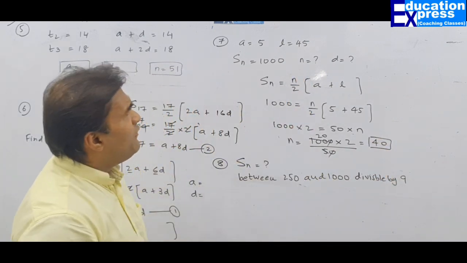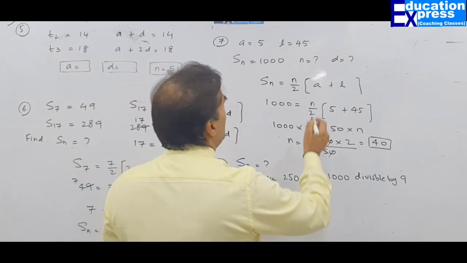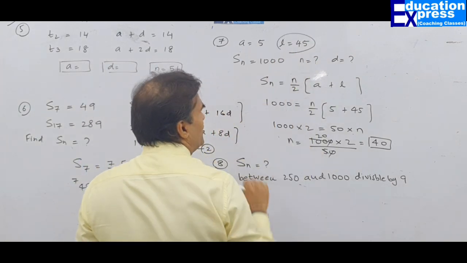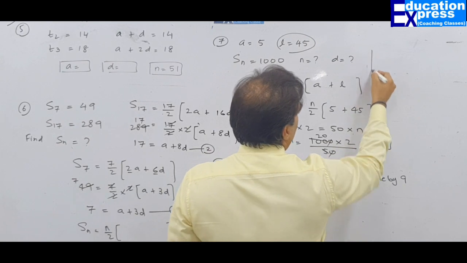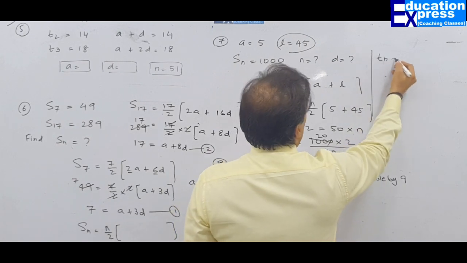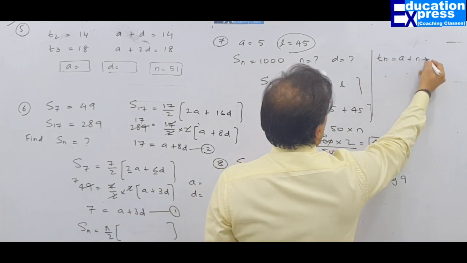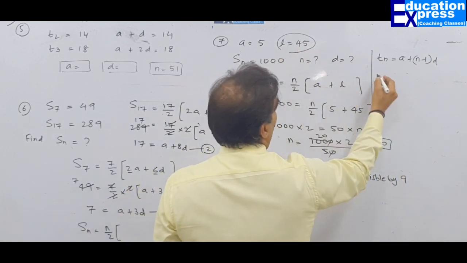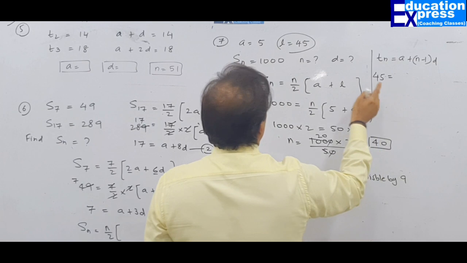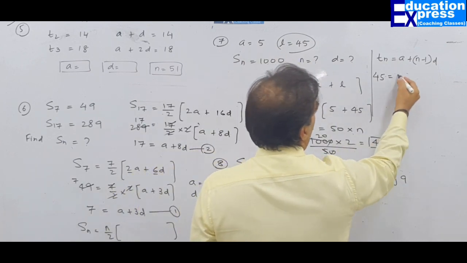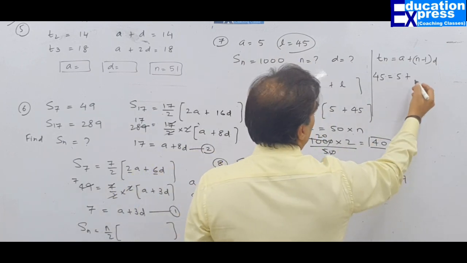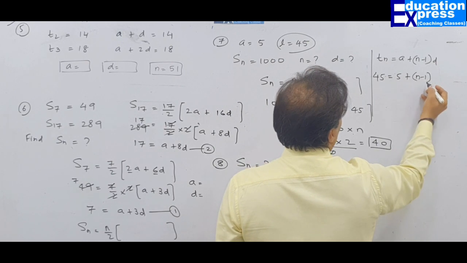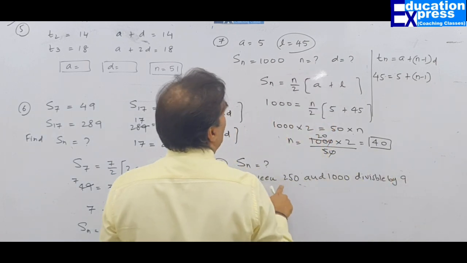So then how do we find the value of D? Very smart. Since we know the last term. What is the last term? Sir, Tn equals A plus N minus 1 into D. Last term is given to us as 45 equals A, so 5, plus N minus 1, we don't know the value of N, into D. What is the value of D?